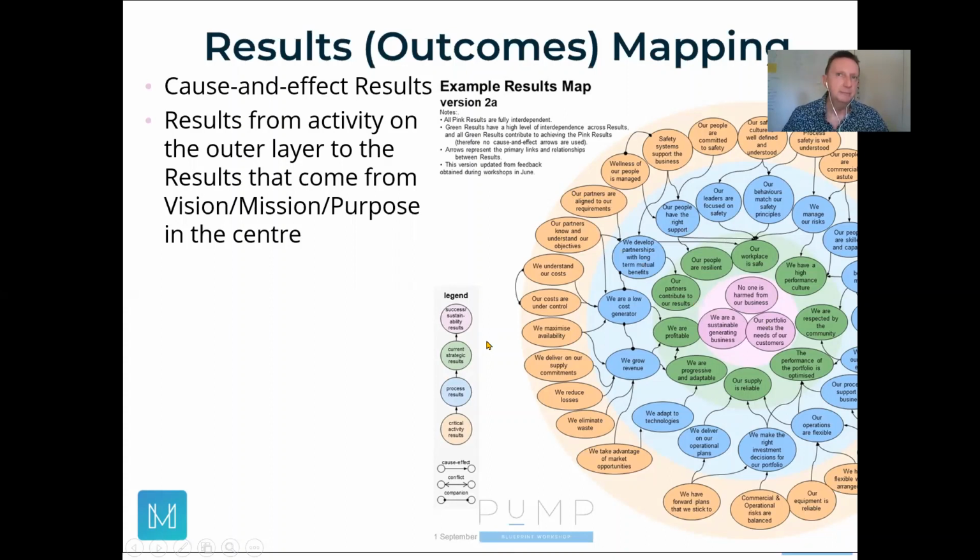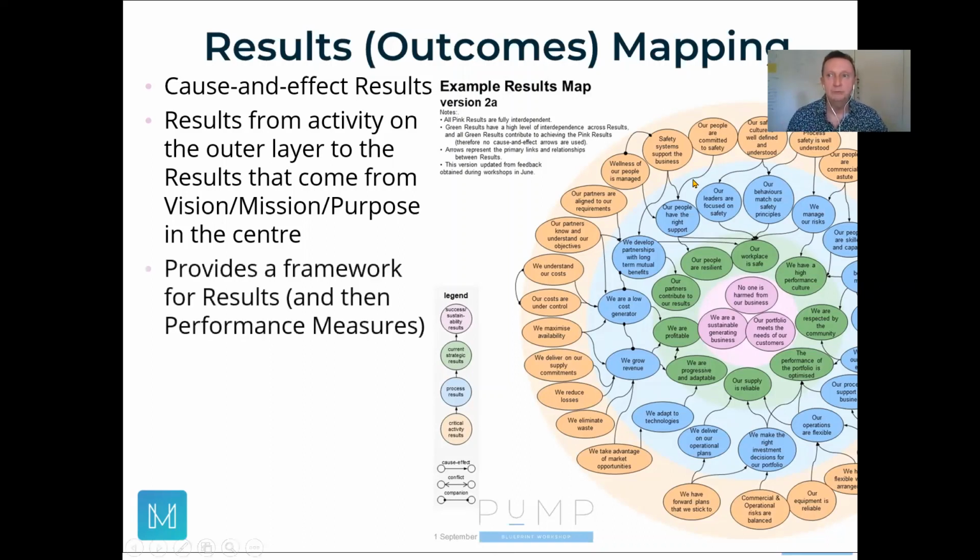And cause and effect is important to try and understand how we can influence performance over time. We need to understand that cause and effect. When we understand that and we have a set of performance measures for it, which is what we do next once we've got the framework in place, we design and select performance measures for each one of those results.